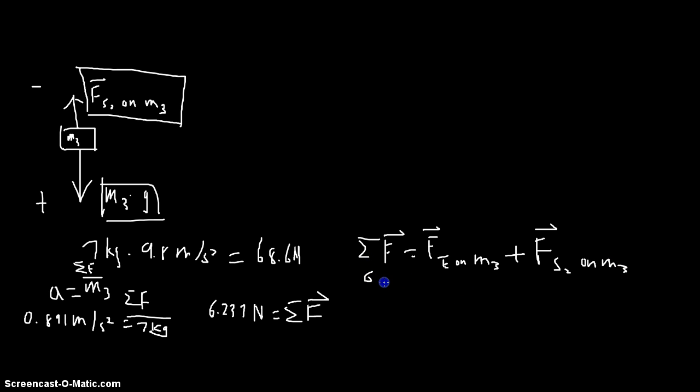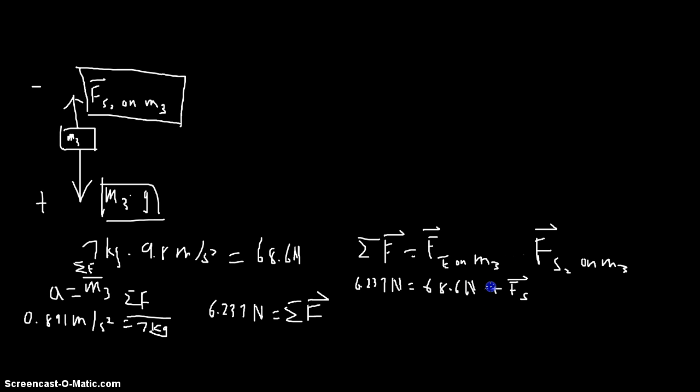So 6.237 newtons is equal to 68.6 newtons plus force of, well actually in this case it should be minus, so one sec. I'll erase this. Not very efficient, but hey, it works.